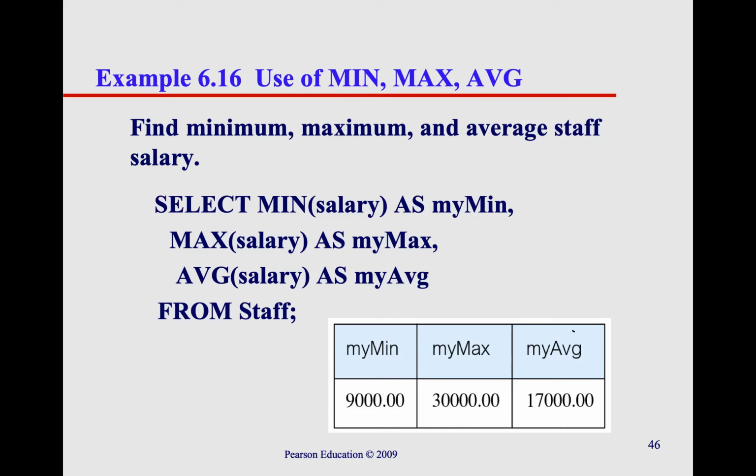If it's a date, it will compare it using our intuitive notion of a date. So June 1st, 1990 would be less than June 1st, 2000. There are other non-numeric data types than just strings. Dates are an example of a non-numeric data type as well.